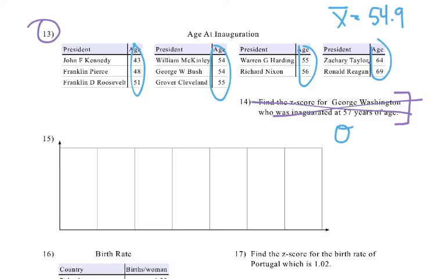Then we need our standard deviation. So we take all these numbers, subtract them from 54.9. We find that deviation. Then once we've got those numbers, we times them by themselves, square them.